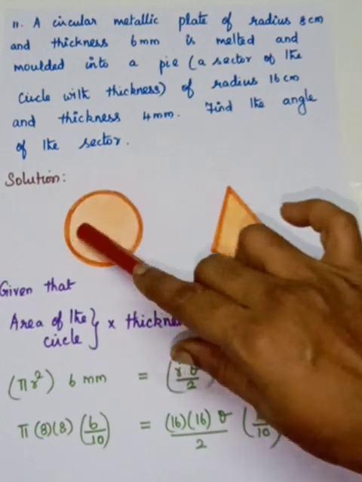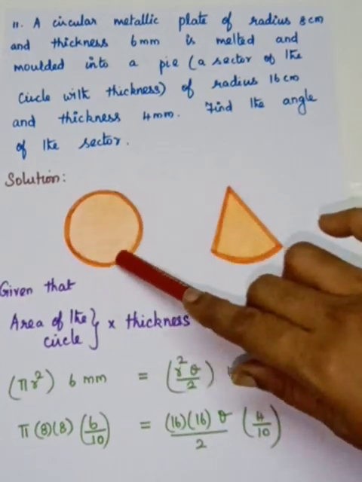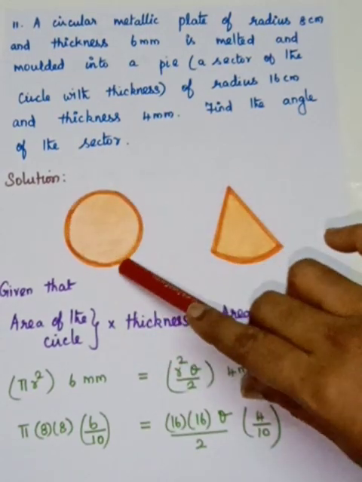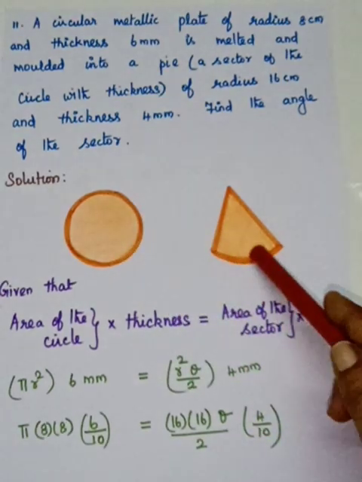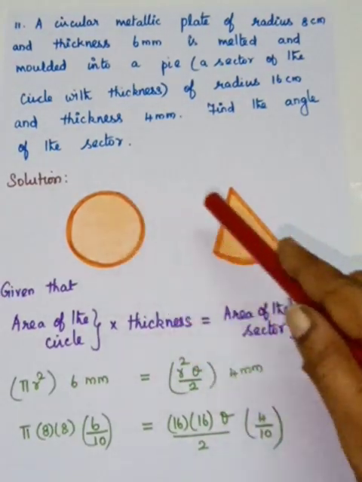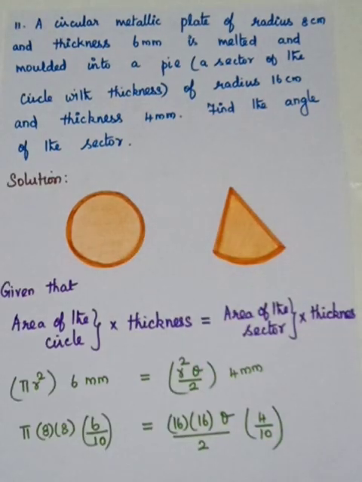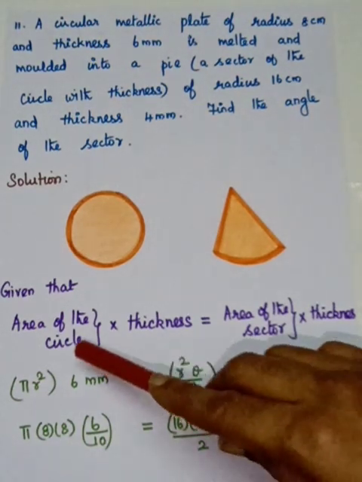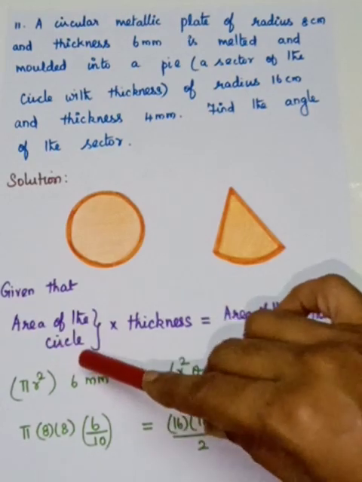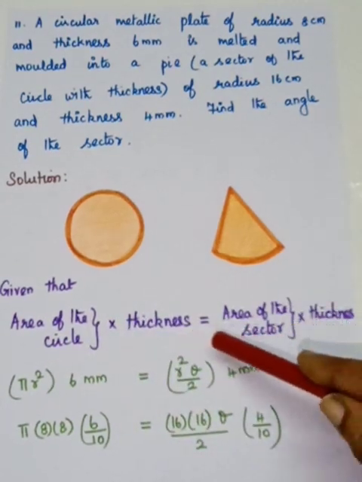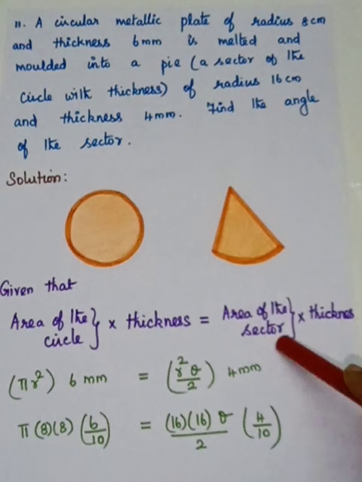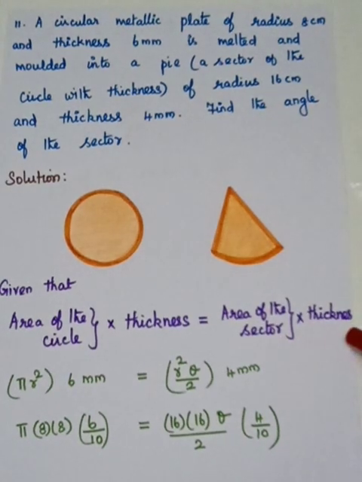So here the circular plate with the thickness is given and it is converted into a pie. So the volumes are the same. Along with the area, you will have one more dimension, that is thickness. So we have to talk about the volume. Otherwise you can write area of the circle into thickness is equal to area of the sector into its thickness.